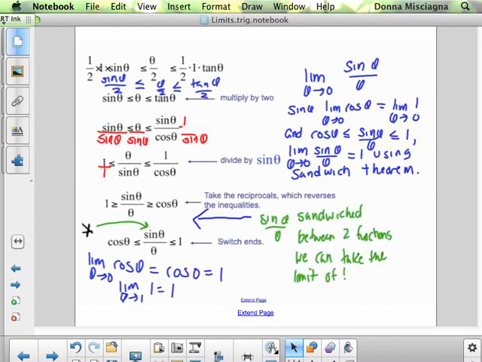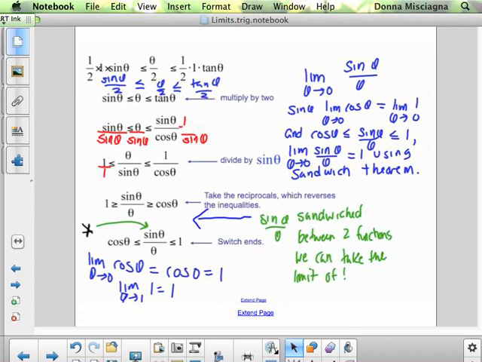So all that business with the triangles was to look at relationships and find another way to rewrite our functions. So now instead of having 1 over theta times sine theta, we have cosine theta. Not something we could have gotten to directly. That was thanks to the triangles and the sector on the other page.